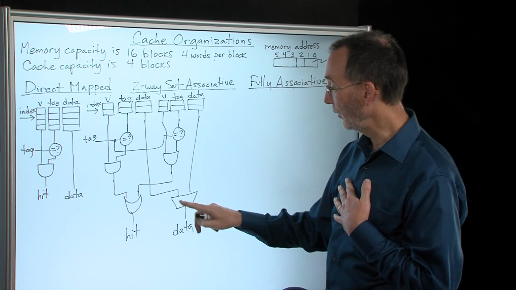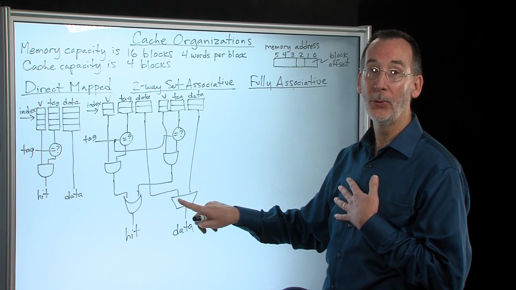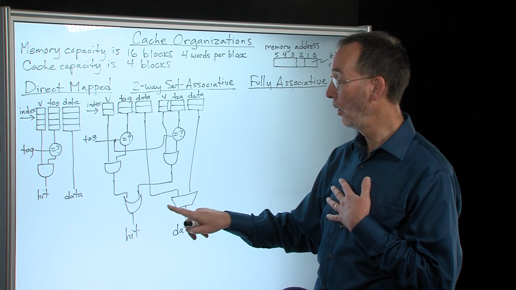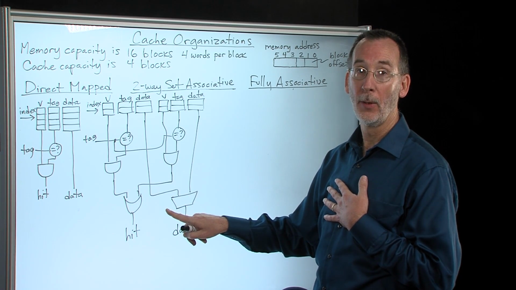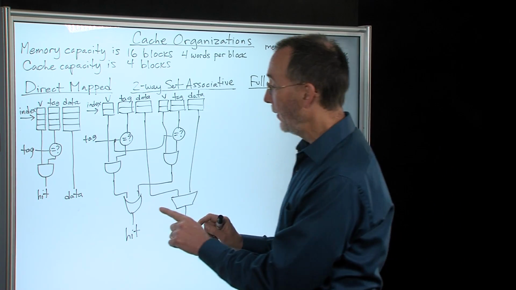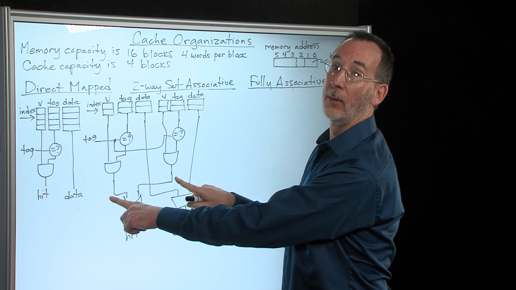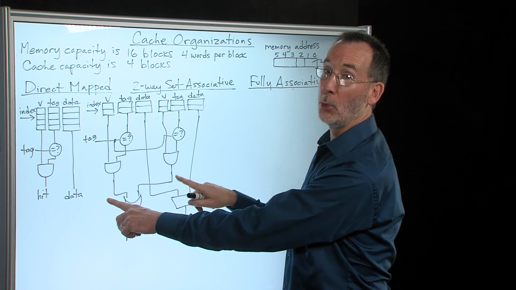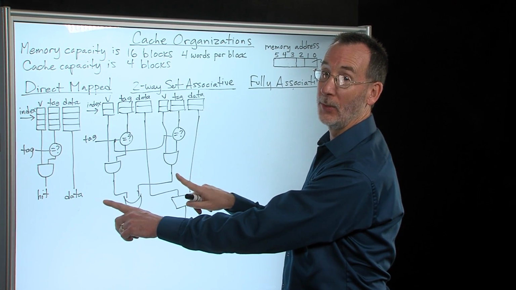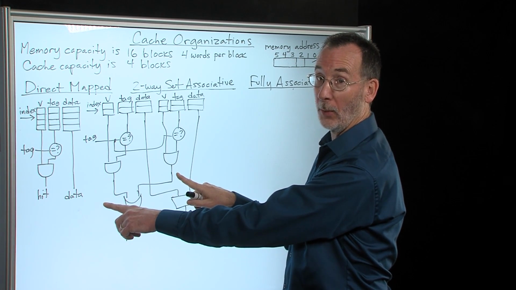Because we want to select either this data to go through or this data to go through, depending on whether the select bit is 0 or 1. Now, if you think about it, that's exactly what we have here and here. Okay, so this is like the true and the complement values that we create within our multiplexer normally.